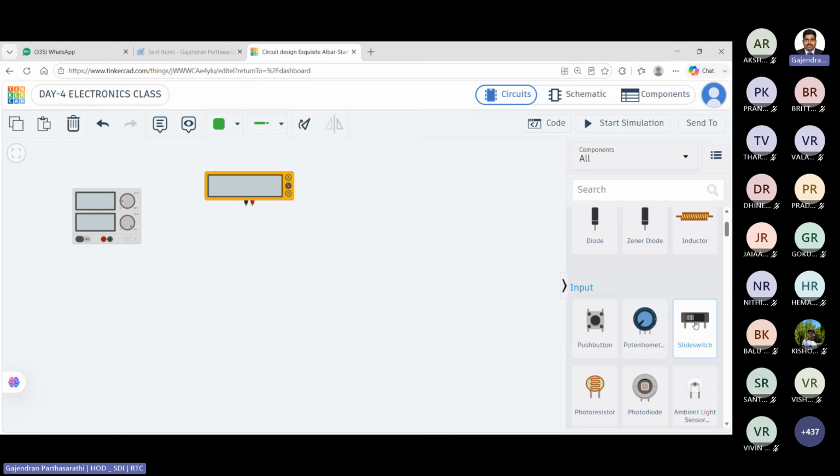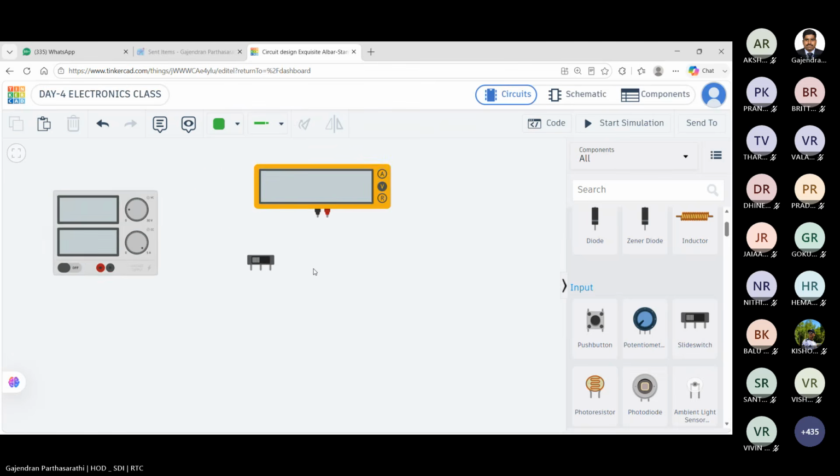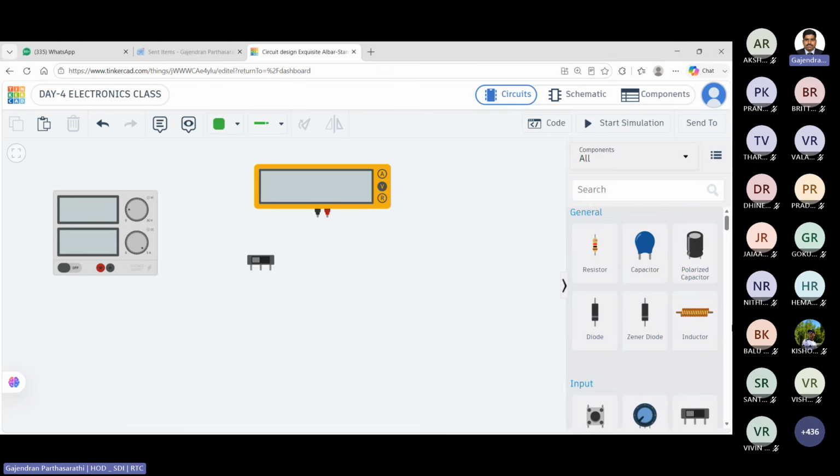So your known input device is your switch. Am I correct, engineer? This is your switch. And what else? Your LED.